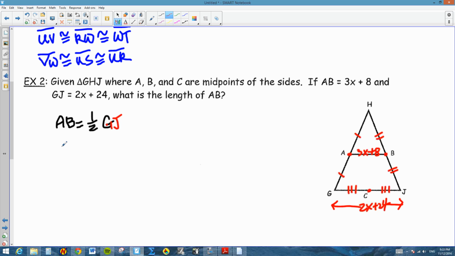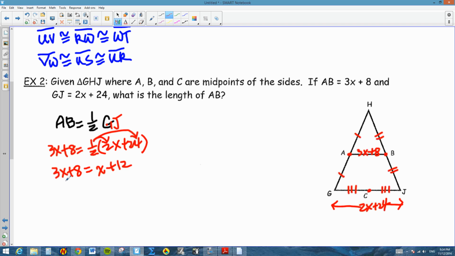We plug in the given information: 3x plus 8 equals 1/2 of parenthesis GJ, which is 2x plus 24. So simplify. We do the distributive property. 1/2 times 2x is x, 1/2 times 24 is 12. So 3x plus 8 equals x plus 12.